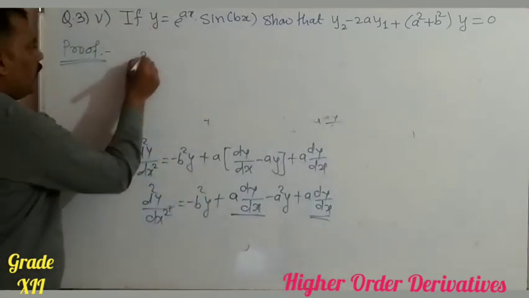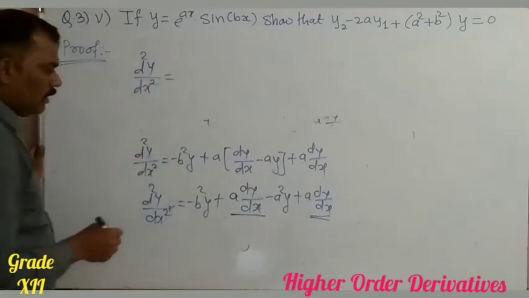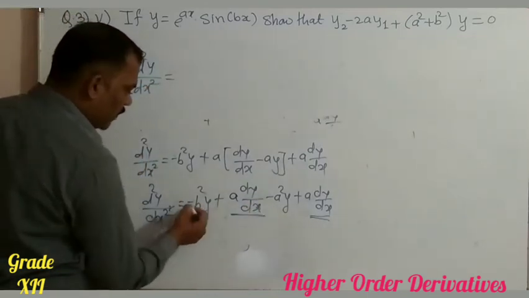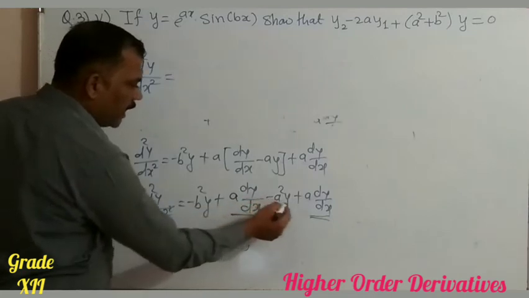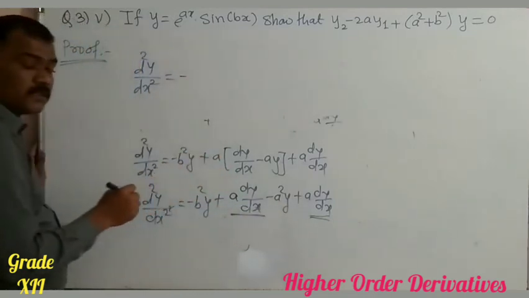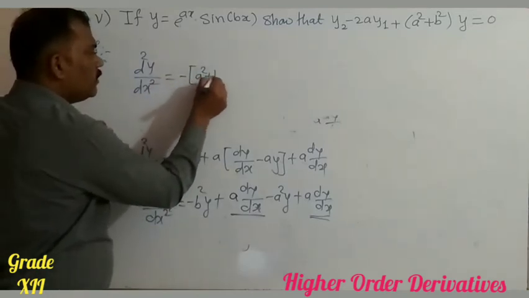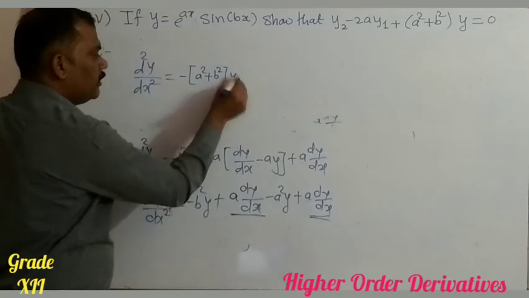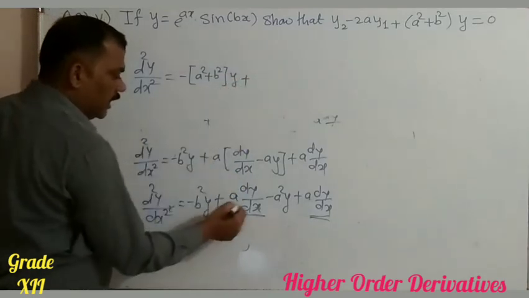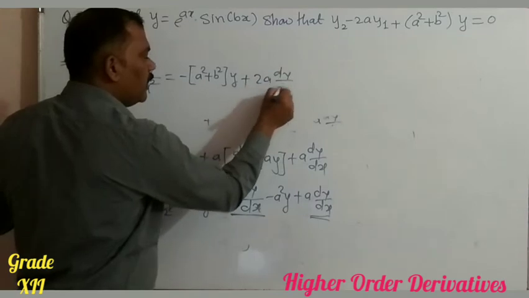So d2y by dx square is equal to minus b square y minus a square y, taking minus y common, minus (a square plus b square) into y, plus twice a dy by dx.